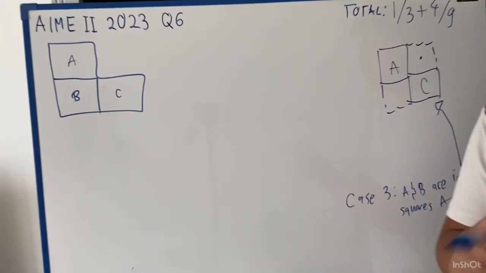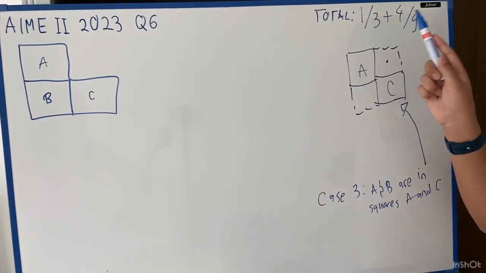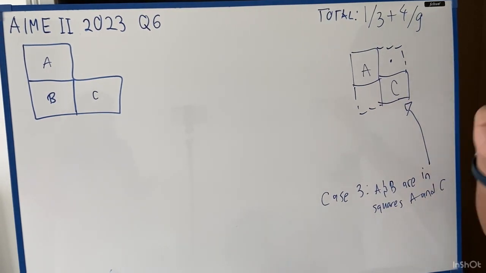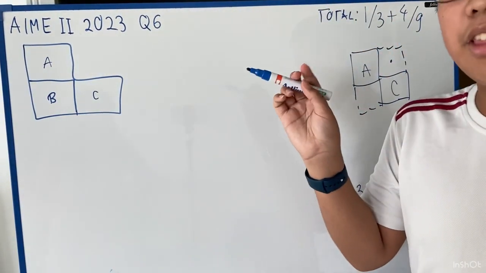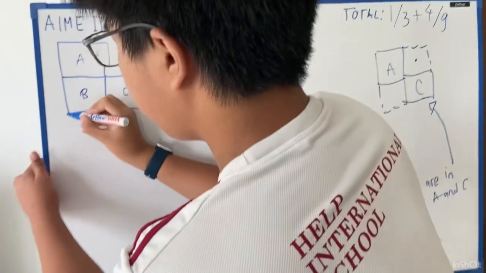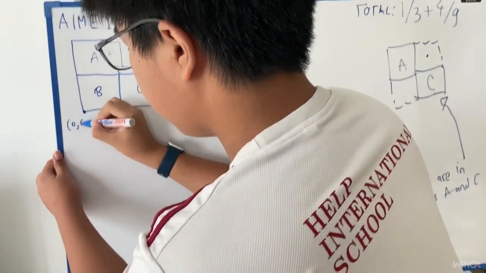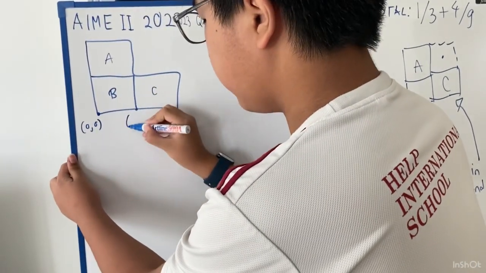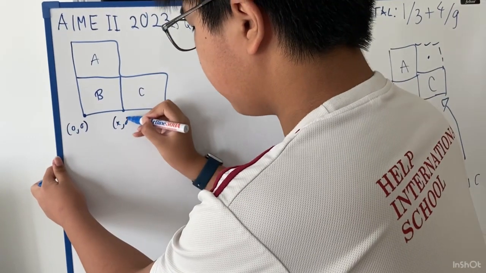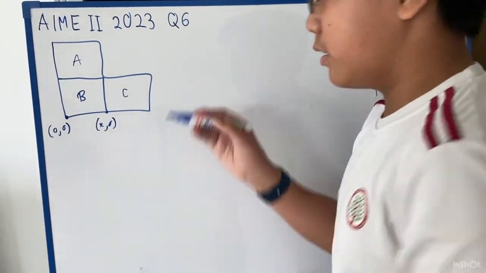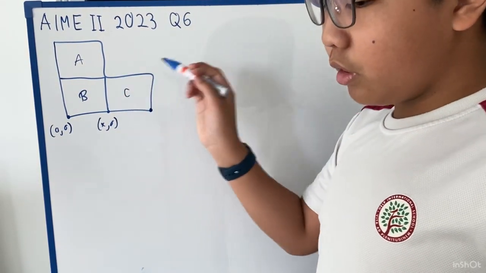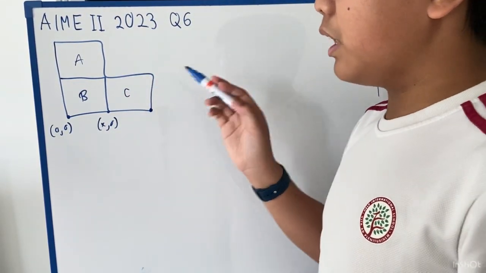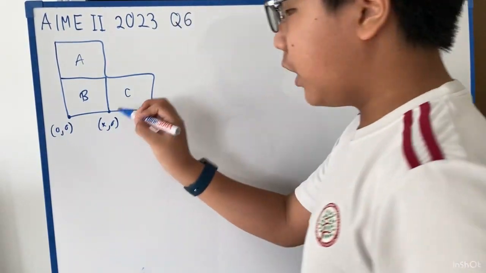Here we got the total that we have previously, so you guys don't forget. And this is the case we are still doing. And as you can see, I've remade the diagram. So now we're gonna use some coordinate geometry. So we're gonna set this point as 0, 0. This point as x, 0 because it's moving x to the right. And these three squares are the same side length, so this will move another x to the right.